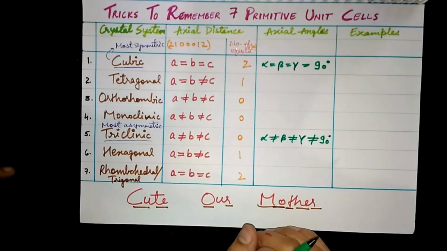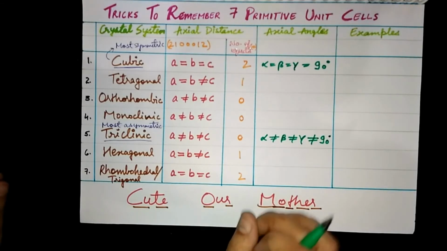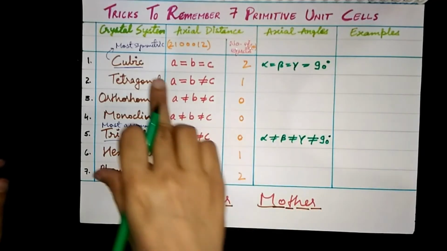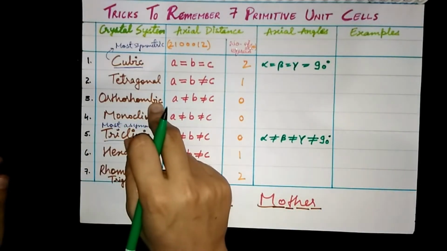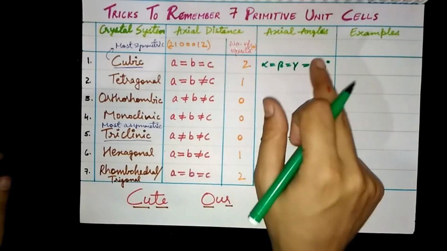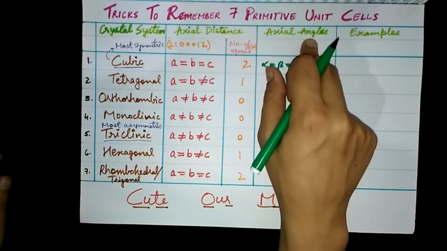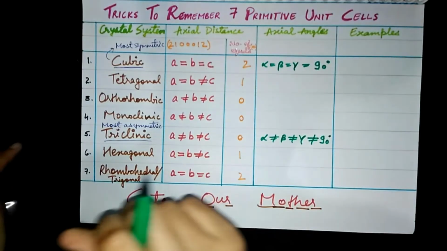And next you have to remember that these three, cubic, tetragonal, orthorhombic, are having interfacial angle. These axial angles are also known as interfacial angle.